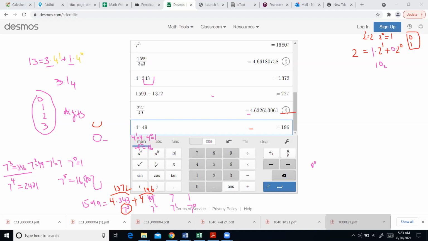And notice that after I add this 196 with 1372, right, I'll see what remains for this first power of 7 and 0 power of 7. So yeah, it is kind of tedious. And I would recommend that one actually, well, again, does the same problem again, maybe a little later today, because indeed these are not obvious exercises.